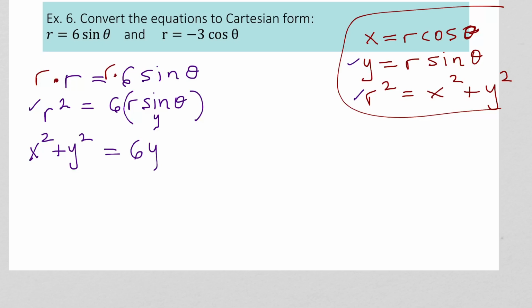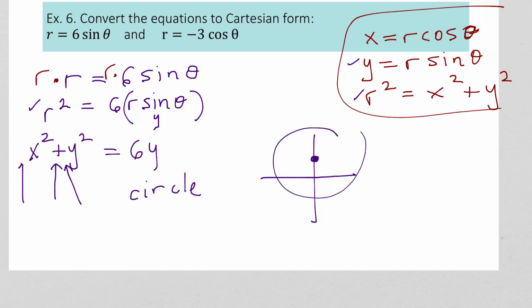It's got a plus in the middle, and it's got a 1 in front of the x squared and a 1 in front of the y squared. This is actually a circle, with a y offset here. So it's a circle that's going to have its center moved in the y direction.